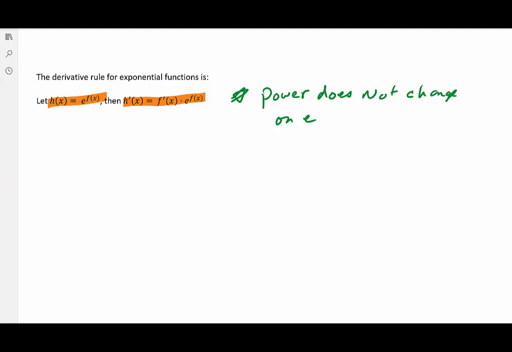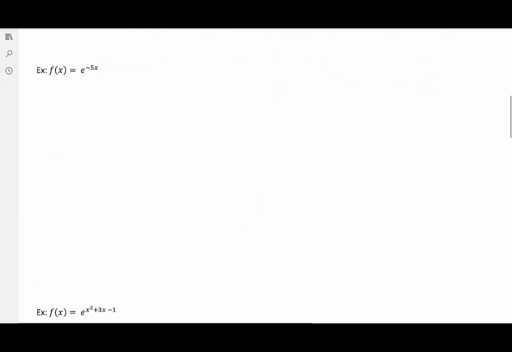So what you do is you bring out the derivative of the power, and it multiplies e to the original power. I want to do several examples in this video because I want to make sure you guys are pretty good. So here we go. For example, f of x is equal to e to the negative 5x power. Our job is to find the derivative. So f prime of x will be, we're going to take the derivative of negative 5x.